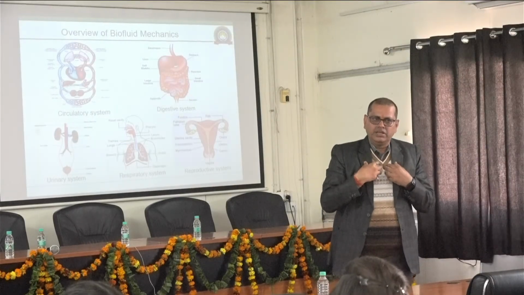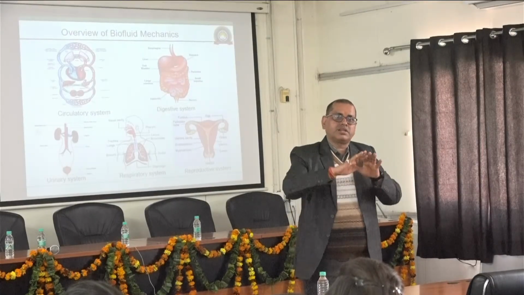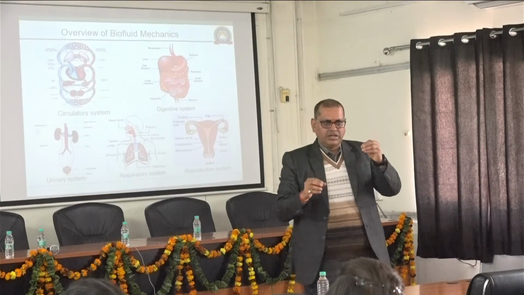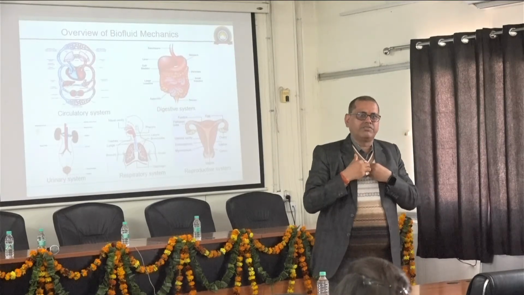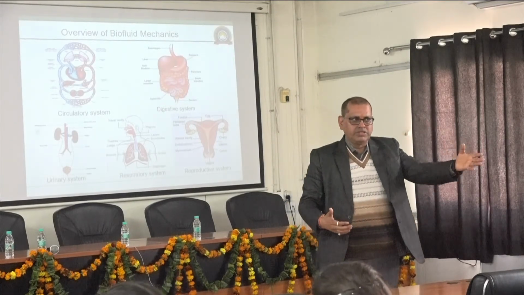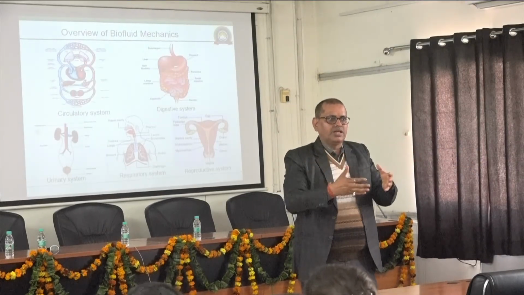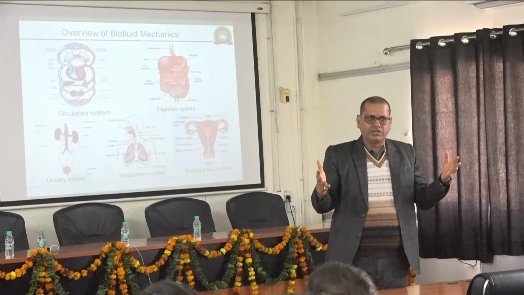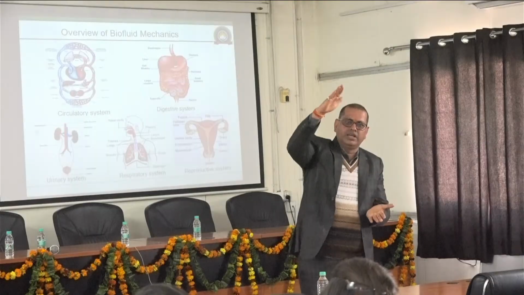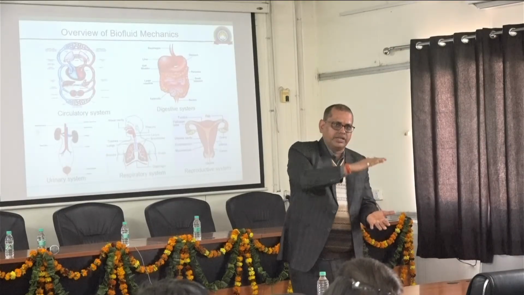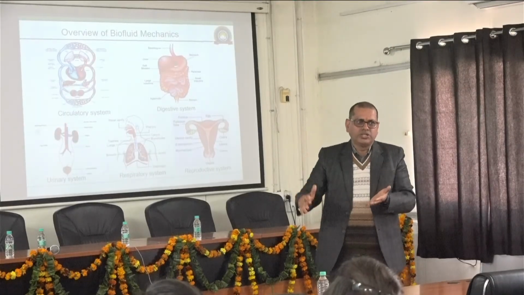Suppose my heart is pumping in a different way, not completely different, but in the range of the frequency, you can find that my frequency is different from your frequency, and the rheological property of my blood is different from yours. That's why bloods are categorized in different groups. And the same thing you can see at different levels, age groups, like for kids, for adults, for old people. So it is not easy.